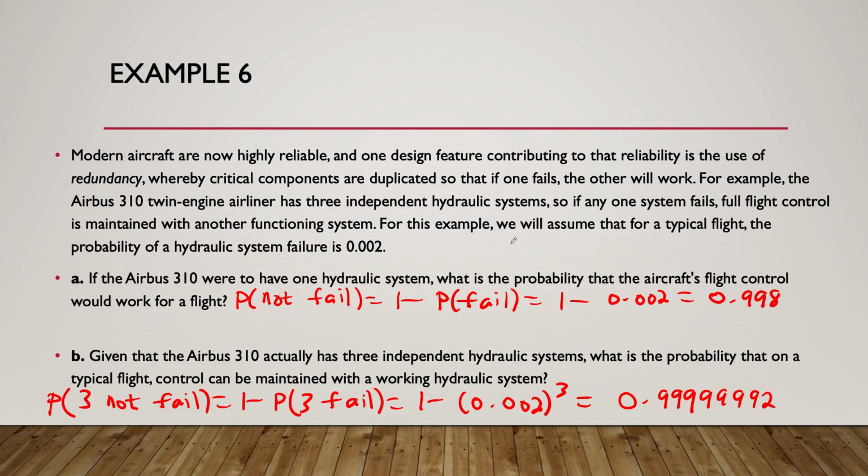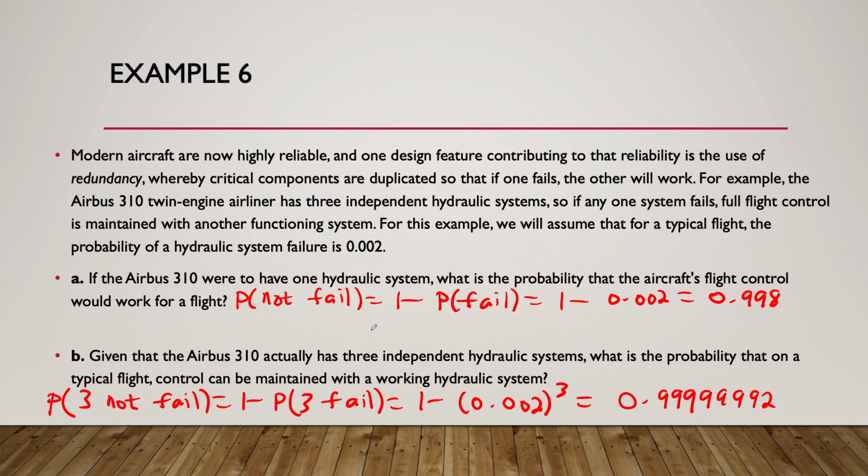For this example, we will assume that for a typical flight, the probability of a hydraulic system failure is 2 thousandths. If the Airbus 310 were to have one hydraulic system, what is the probability that the aircraft's flight control would work for a flight?